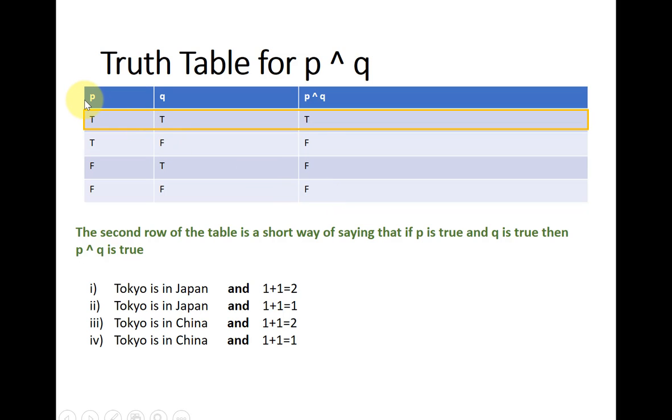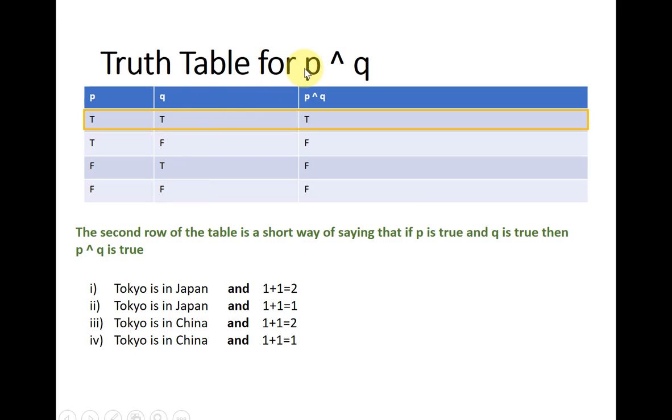So if you have two statements that make up a compound statement, so two individuals, P and Q, and each one can be either true or false, then there are four possibilities. We have all four possibilities here. They can be true and true, or the first one can be true and the second one can be false, or the first one can be false and the second one can be true. First one can be false and the second one can be false. So those are all the possibilities.